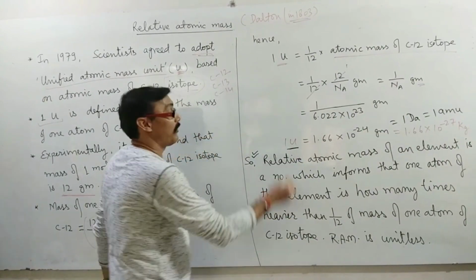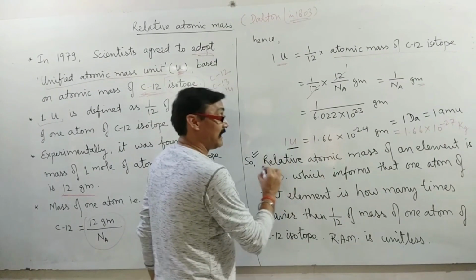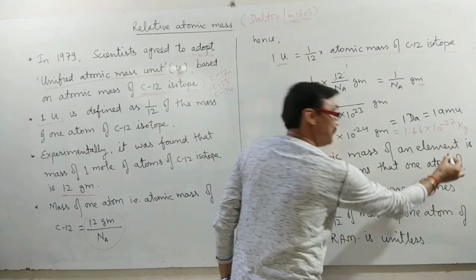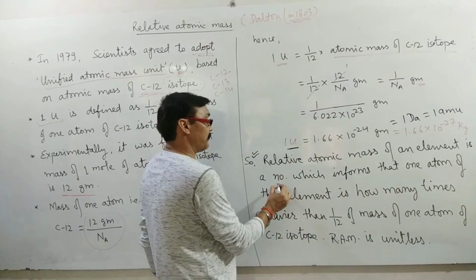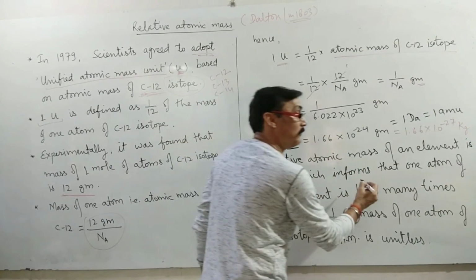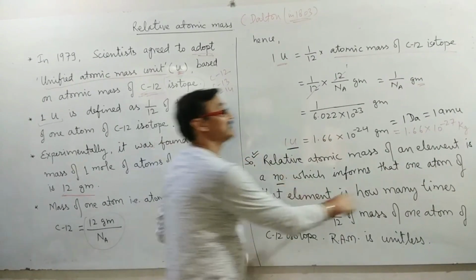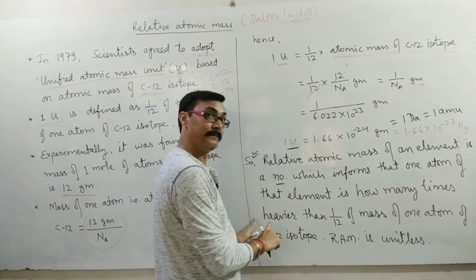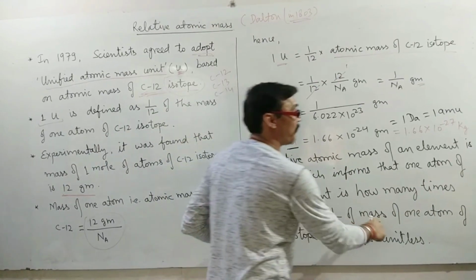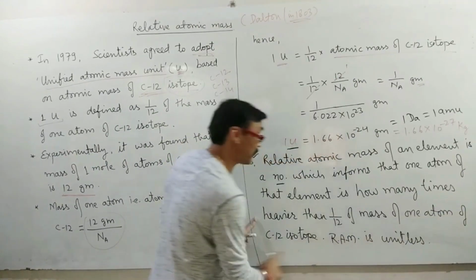The definition of relative atomic mass: relative atomic mass of an element is a number which informs how many times heavier one atom of that element is than 1 by 12 of the mass of one atom of carbon-12, that is 1 AMU.